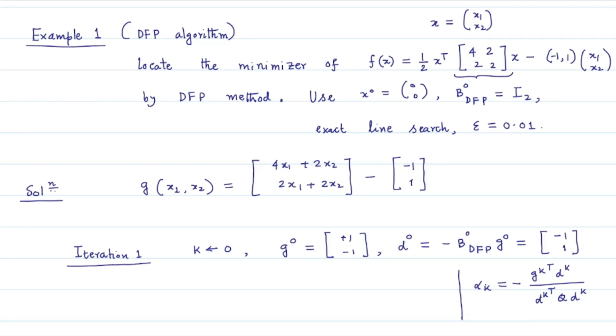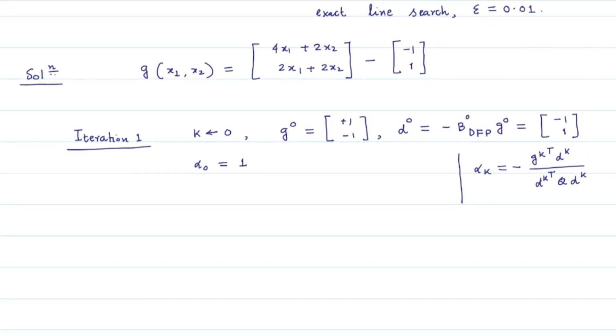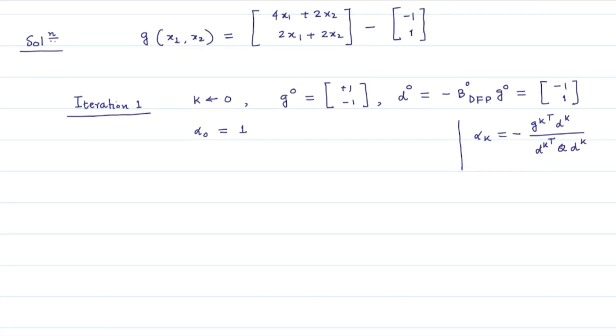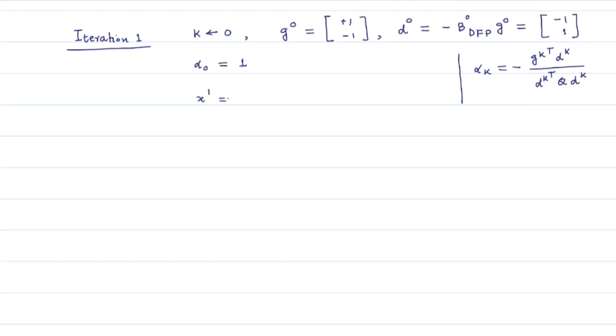With this formula of alpha k, you can find that the value of alpha 0 is equal to 1. And therefore, the next iterative point x1 is given by x0 plus alpha 0 d0, that is equal to (-1, 1). Now we go for computing B1 DFP.